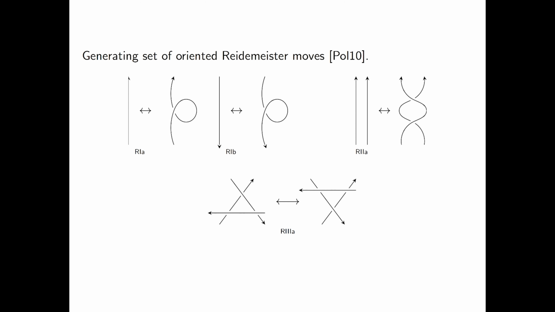And we also need a type 3 Reidemeister move, and this is R3A. So if you have this set, then this is going to generate all of your oriented Reidemeister moves. You only need to consider these 4 Reidemeister moves to generate all of your oriented Reidemeister moves.